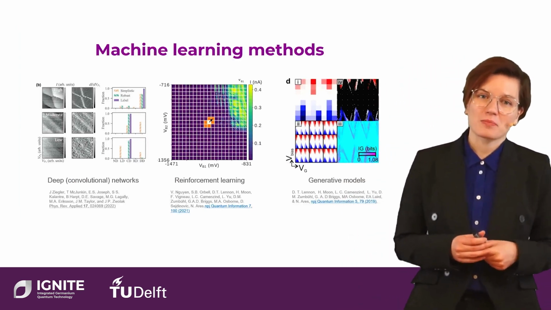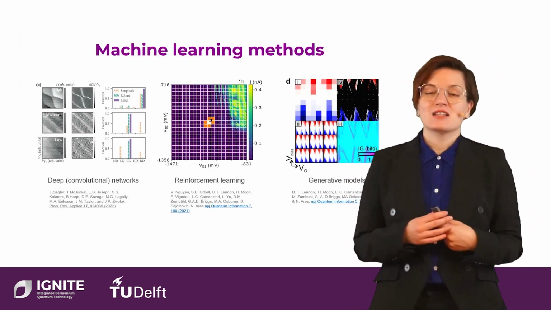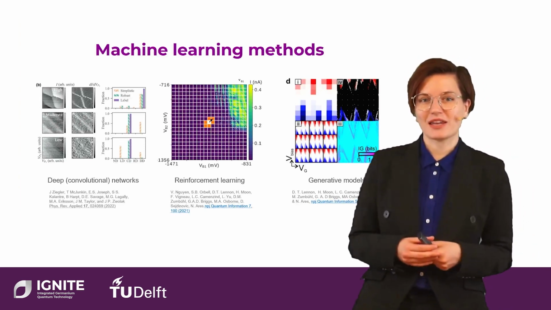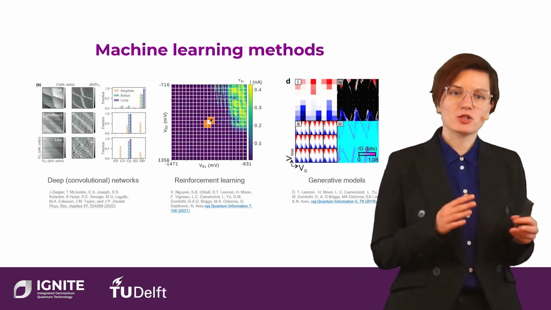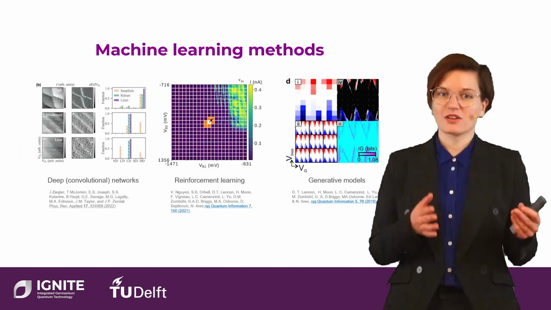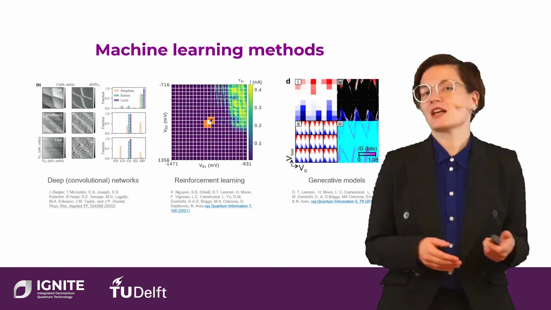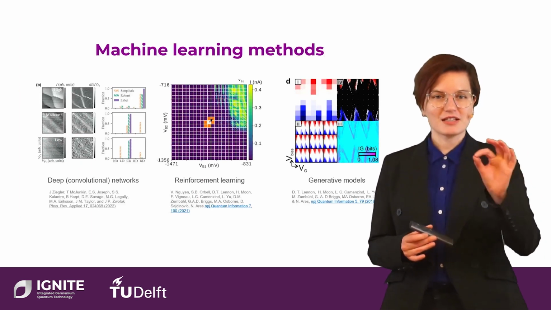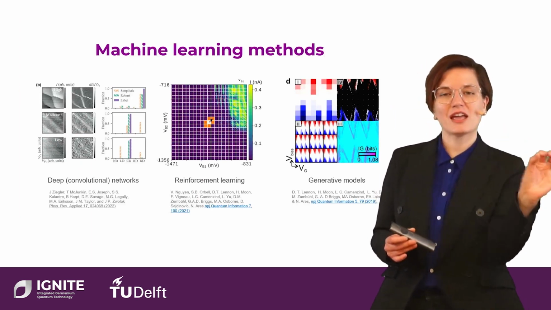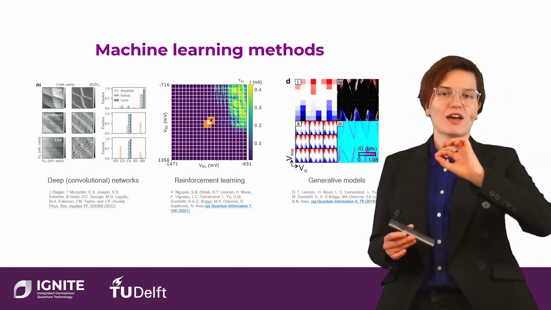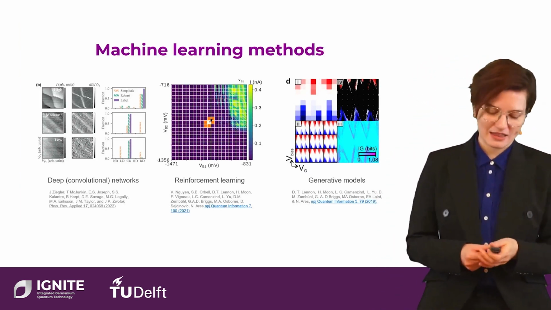Just to give some examples, there is a whole zoo of machine learning methods that people are using nowadays. We were talking about using deep convolutional networks in this lecture. This publication here is another example from another group where they developed measuring a sort of ray to your closest transition, so you don't even have to measure a square, and then you save a lot of data.